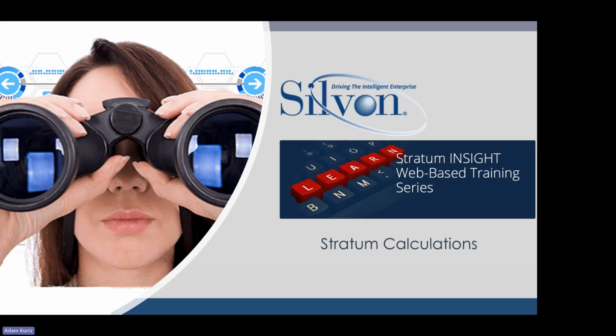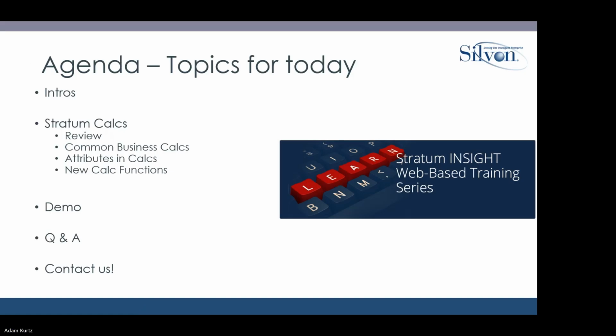I will be guiding you through today's insight session, and we'll be talking about calculations. So basically, how do we create Stratum calculations? We're going to go through a quick review of how to build a calculation. We're going to go through several examples of calculations that are pretty common with business related calculations and what we typically see.